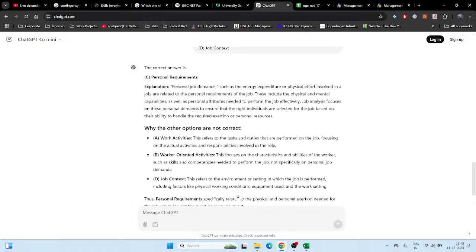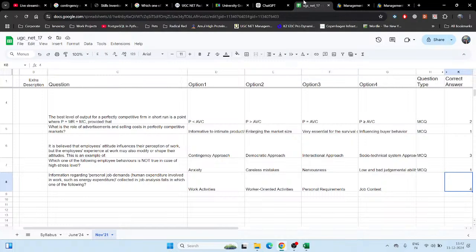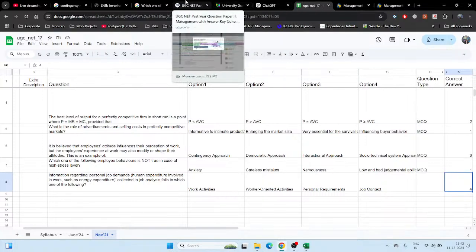Okay, so job context is the environment or setting in which the job is performed. This refers to the duty that was job focusing on actual activity.